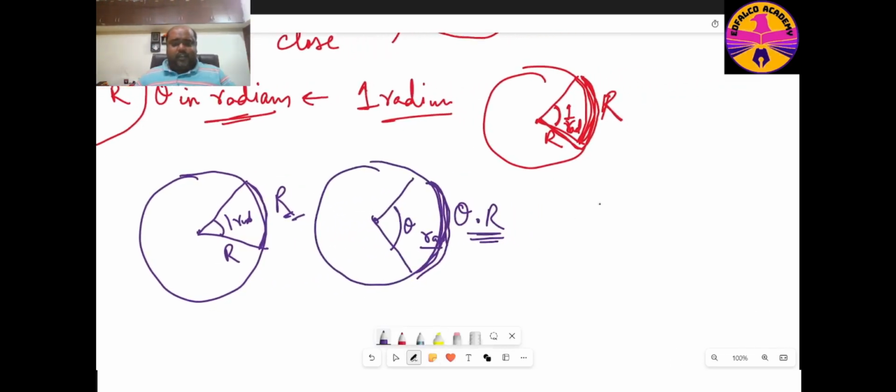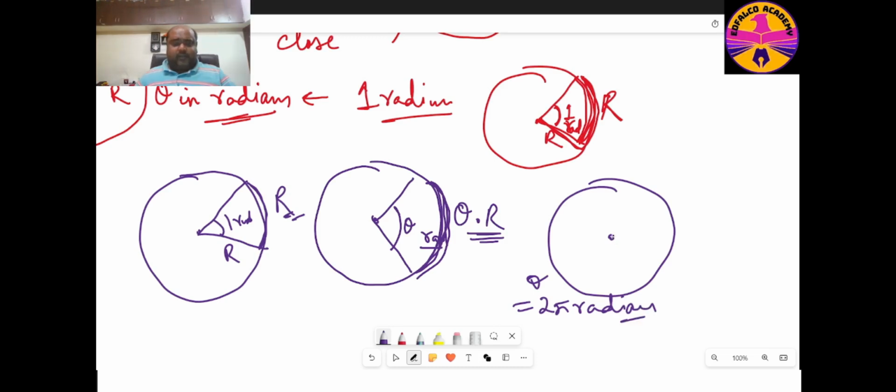And guess what? You already know this, but I'm just pointing out here that if theta becomes equal to 2 pi radians, then what happens? In 1 radian you are covering r distance. If it will be 2 pi radians, how much distance on the circle will you cover? You will cover 2 pi r distance, and you all know 2 pi r represents the entire circle.